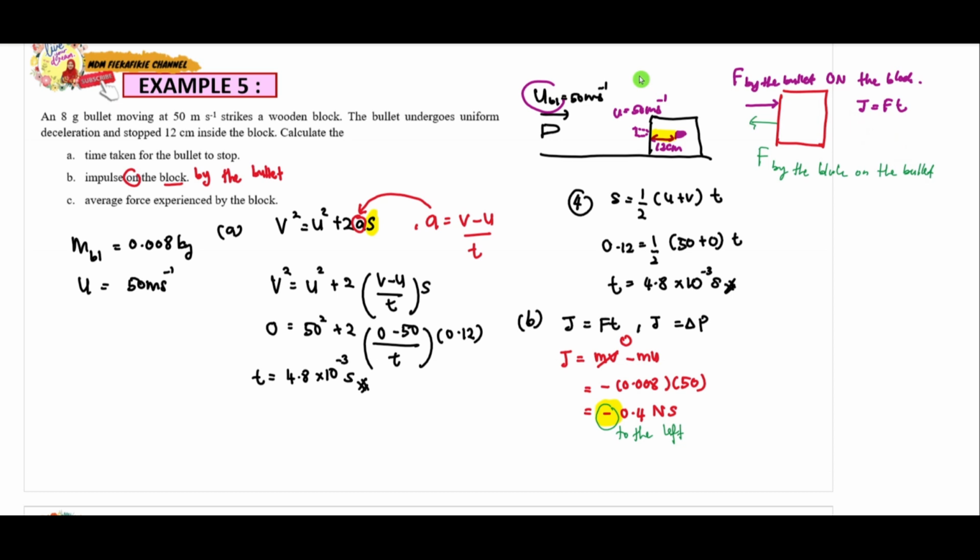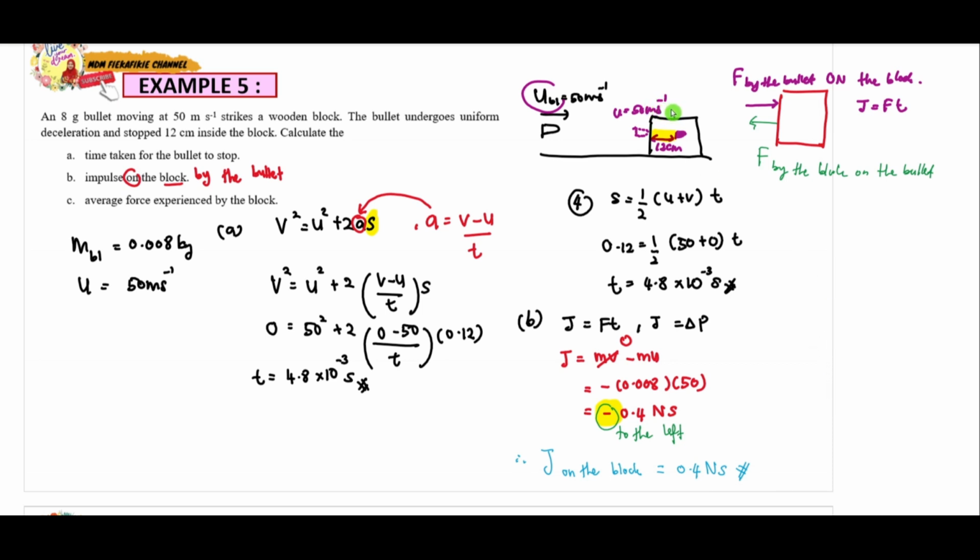Therefore, untuk menjawab soalan B ini, we can write, the impulse on the block should be to the right. Impulse on the block by the bullet, ataupun kita kata impulse by the bullet on the block, yang penting on the block is positive Newton second. So the answer should be positive.